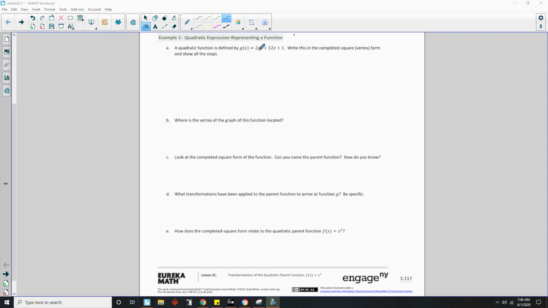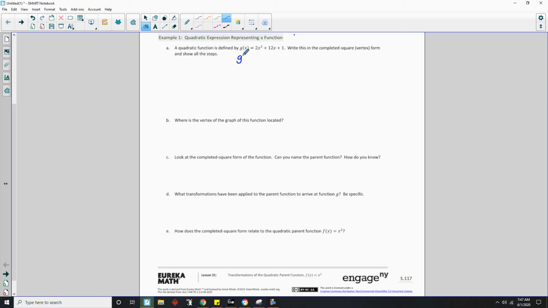Okay, so the function g of x equals 2x squared plus 12x plus 1. The first thing we want to do, step 1, is to group the variable terms. This has a variable x, this has a variable x, this is the constant. So we're going to put parentheses around the variable terms and leave the constant outside. So it's going to look like this.